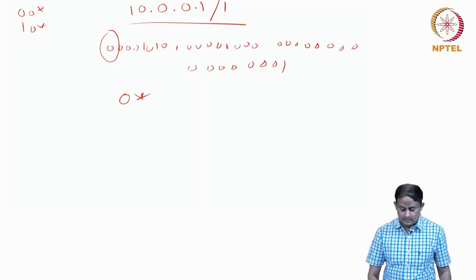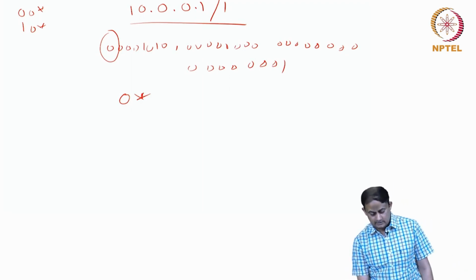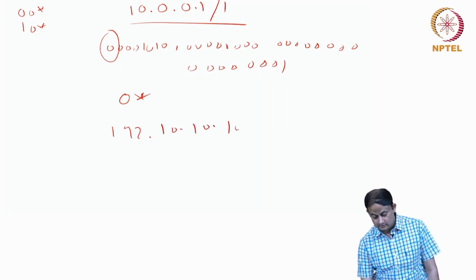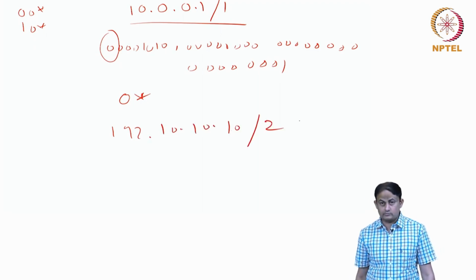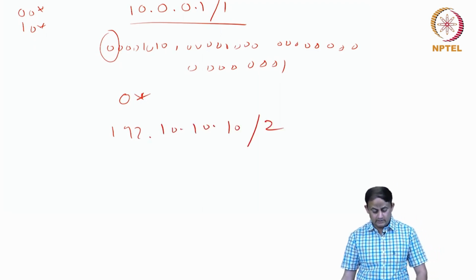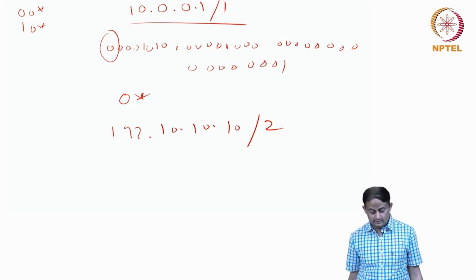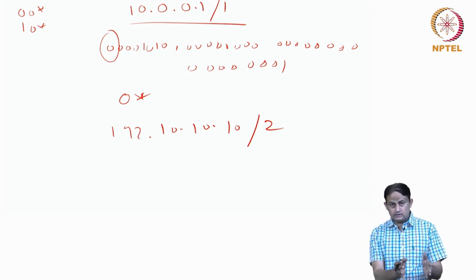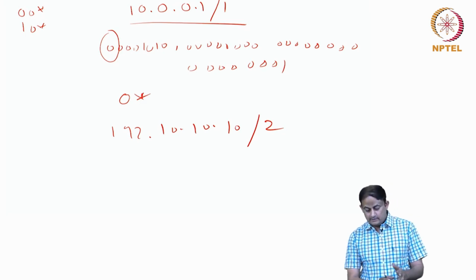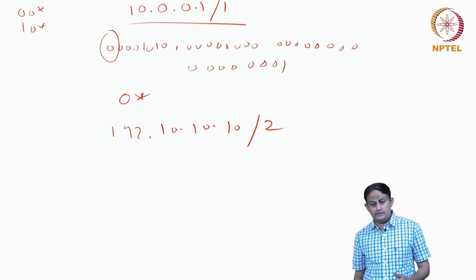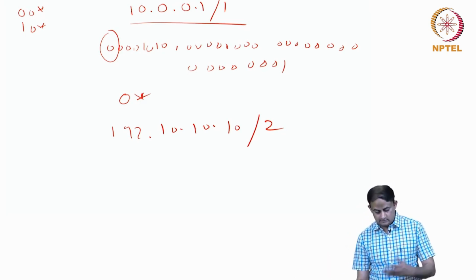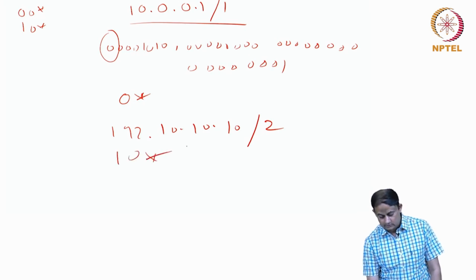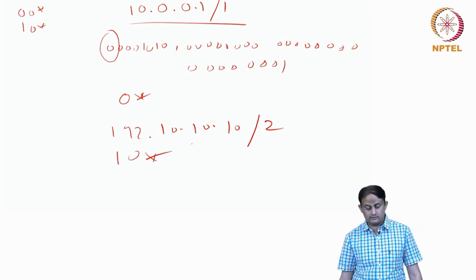So similarly, I might have something else as well. Let's say I have 192.10.10.10/2. What it means is, again you convert 192 into binary, 10 into binary, concatenate all the binary numbers and pick the initial 2 bits of this binary number, and that will be your prefix. So let's say it turns out to be 10. So 10 star would be the prefix corresponding to this number.